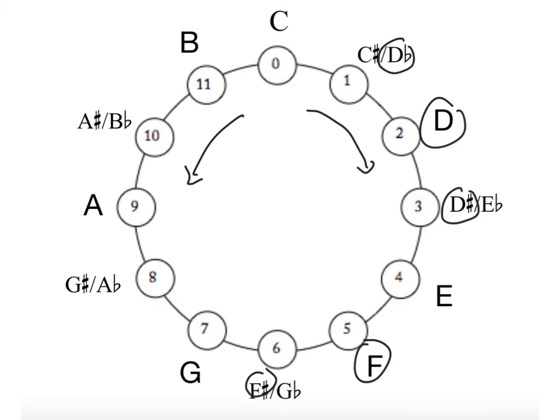Or in the other direction, D flat to, I haven't written it here, but E natural is also an F flat, and that would be a minor third as well. So the idea is to keep the distance the same between them, move them each exactly the same amount.